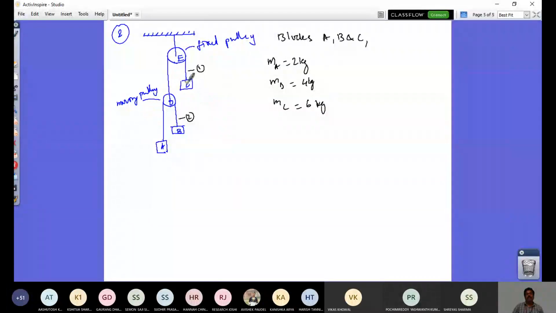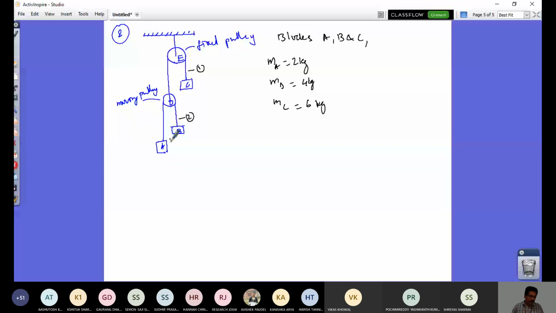If you assume that this block comes down, the moving pulley goes up, and these two move up. But B is heavier than A, so this block comes down, so the motion becomes complex. The absolute motion of them is really complex, so you have to predict this absolute motion.